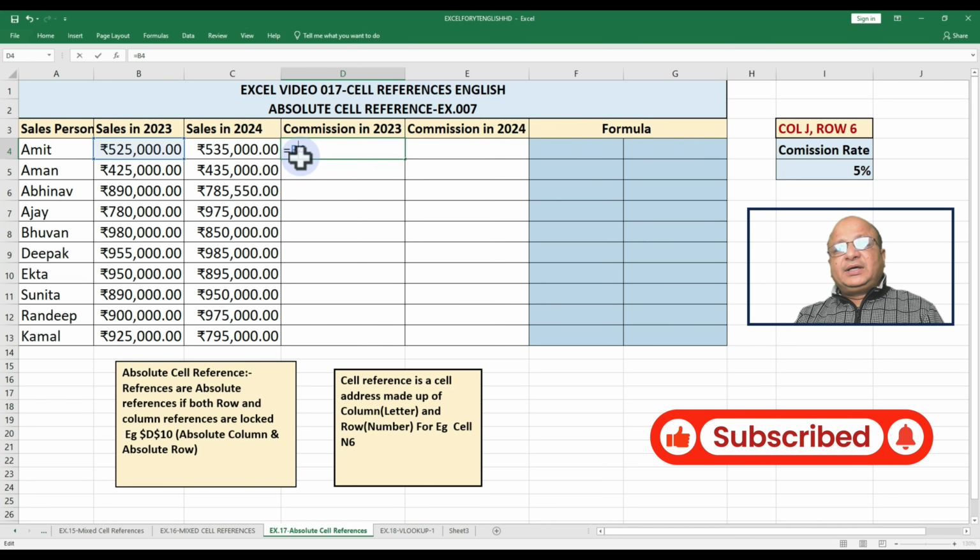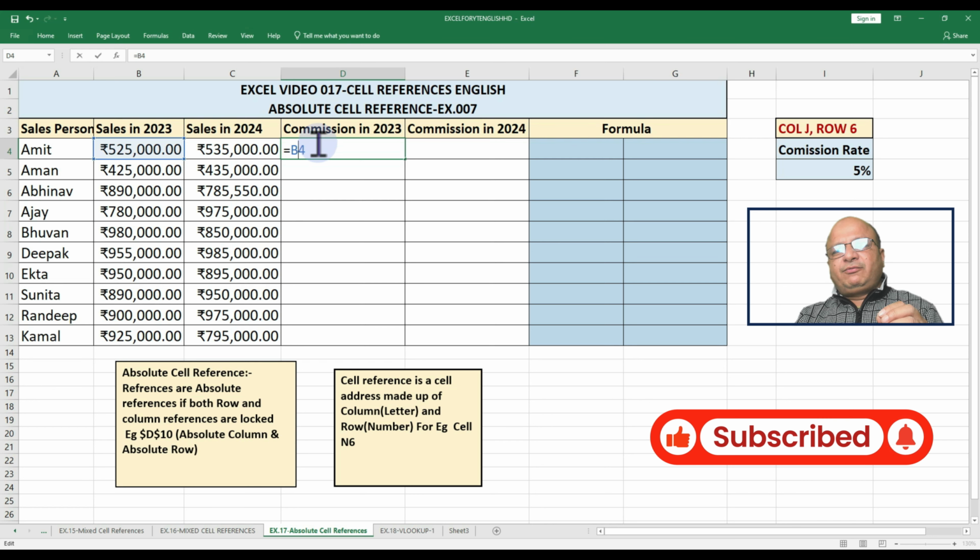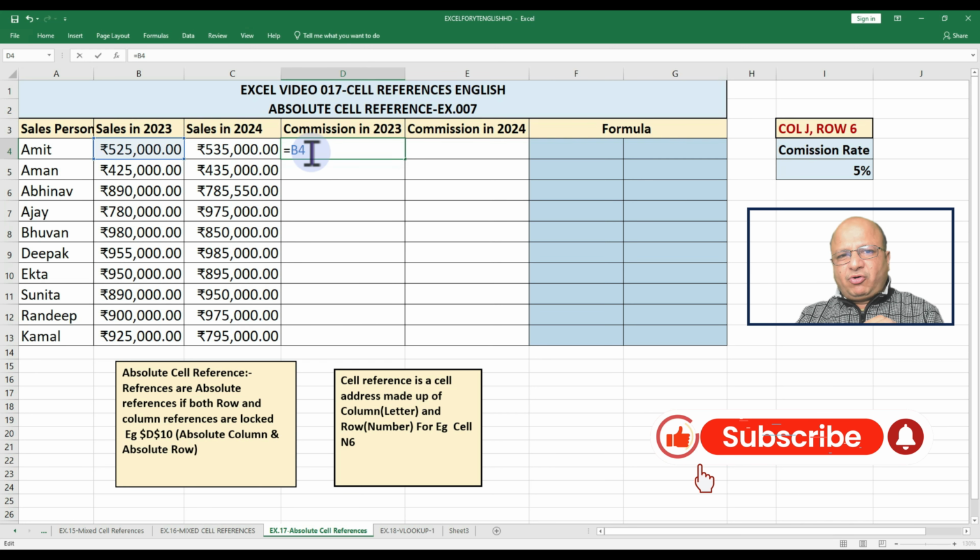We will keep the column reference as it is because we want the cell address to be C4 in the next cell while copying the formula from left to right. And now we will check the row reference, that is number 4.